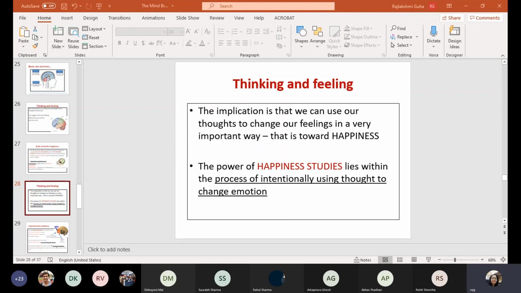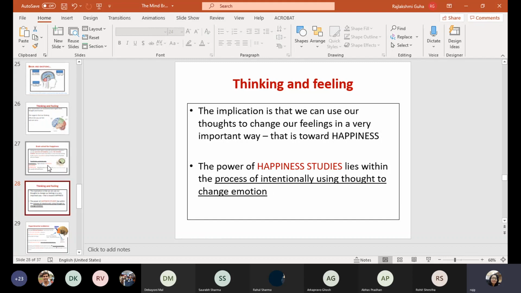Okay, so it's a little dicey, but anyways. Now, what is the work of happiness studies primarily? They try to link the thought and the emotion together, and they try and use intentionality to change the emotion.